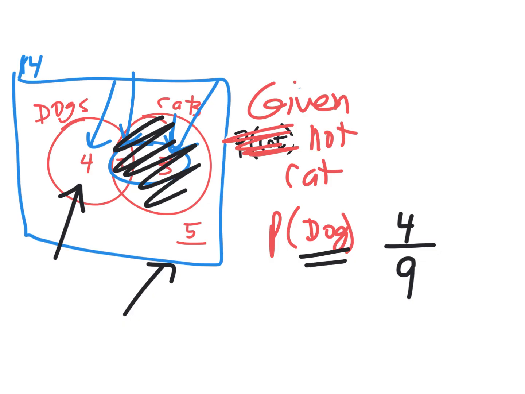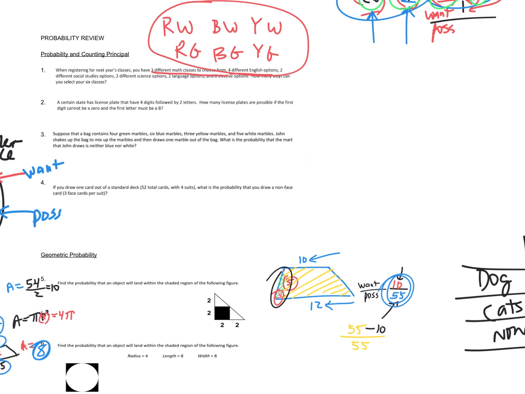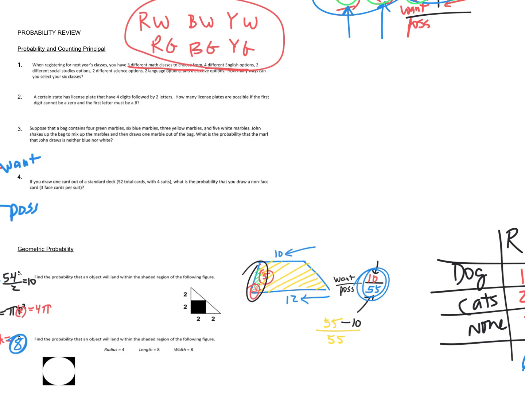I'm not giving you all of those to do right now. I don't think you need to do all of them. You could, but I don't think you need to. So here's the ones I think would be smart to do. Number 1's too easy.